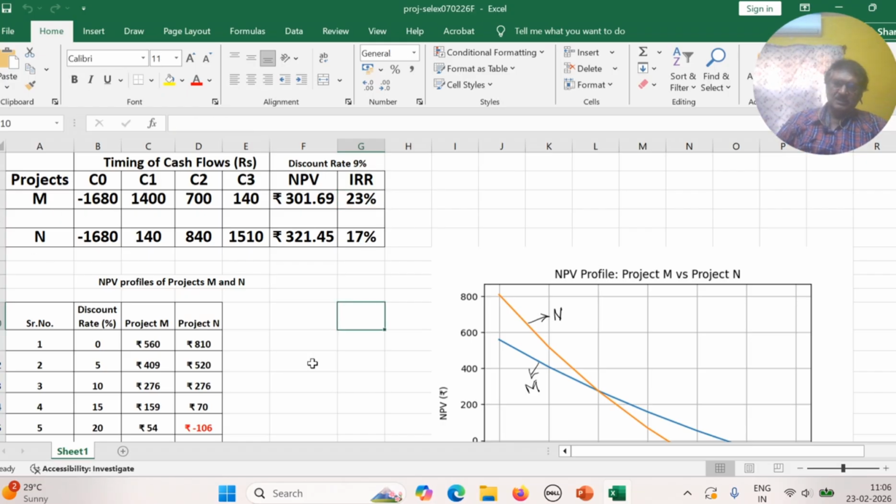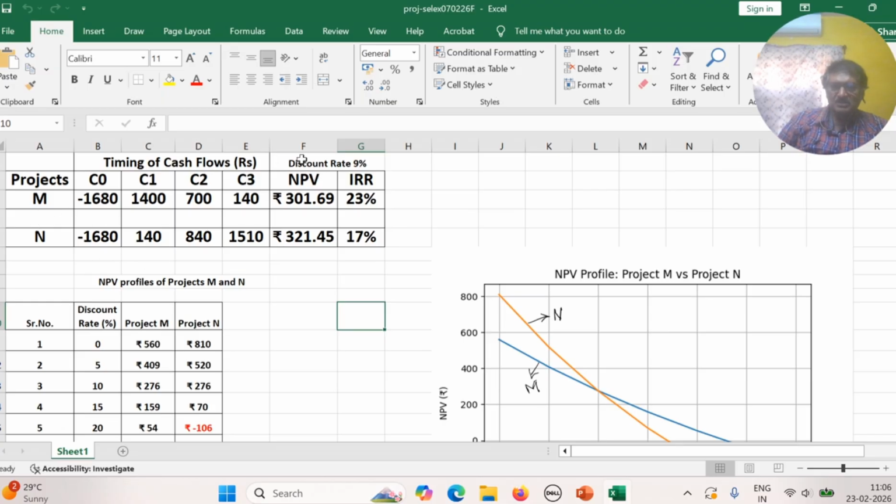Now, see how we take the decision. We all know that for NPV, we always prefer higher NPV for accepting a project. And for IRR, the higher rate of return is preferable. But in this case, the data is such that for M, the IRR is more than N, and for NPV, N is more.